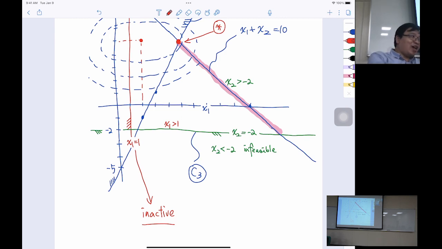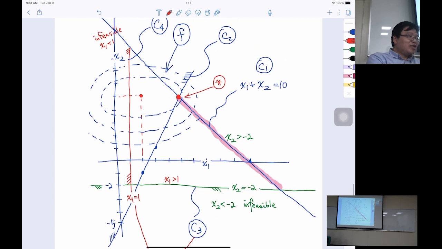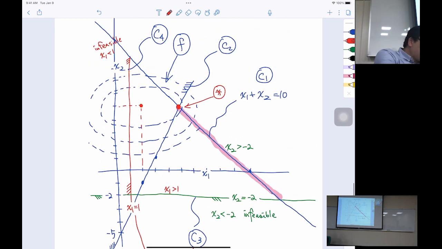In fact, at this point, it's also inactive because the solution is not affected by C3. So actually, C1 and C2 by themselves can already tell you where the solution is. So C1 and C2 are active constraints.